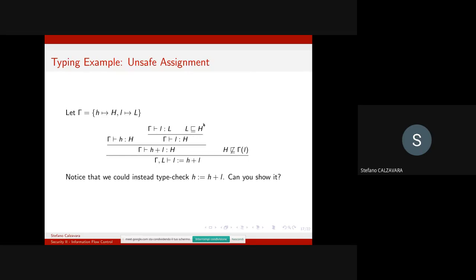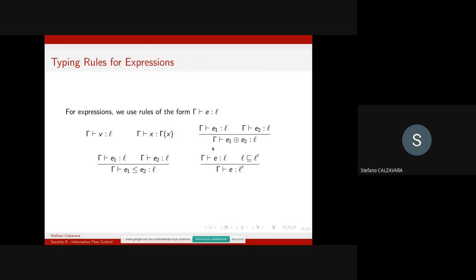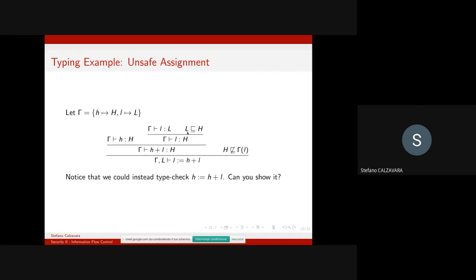If you recall from the typing rules, you are able to raise the label of each expression you like. So although the variable L is low, we can type check the variable L as high, just because L is less or equal than H.